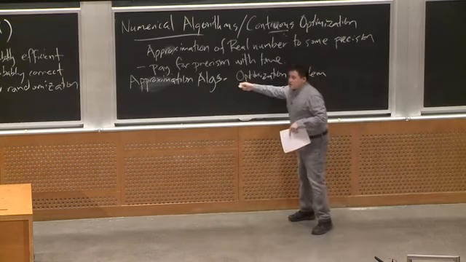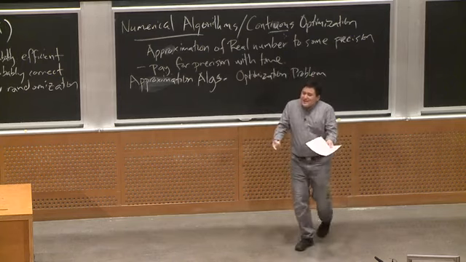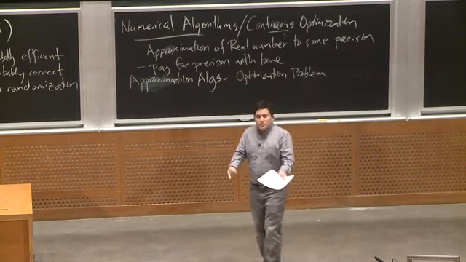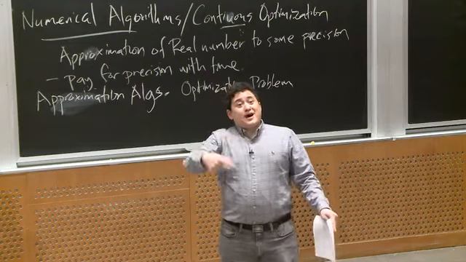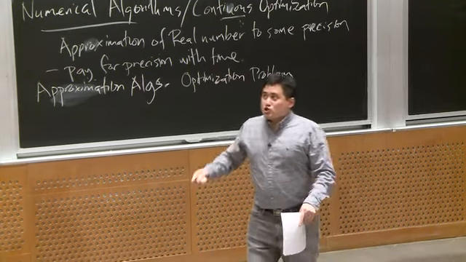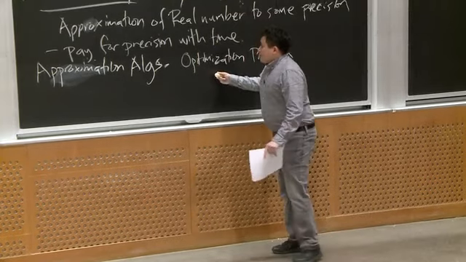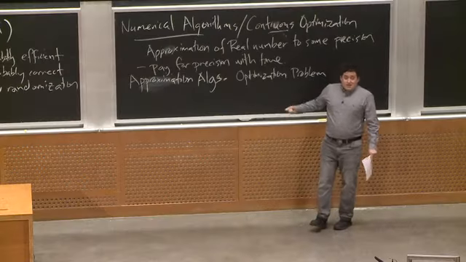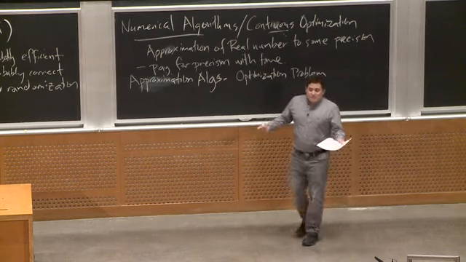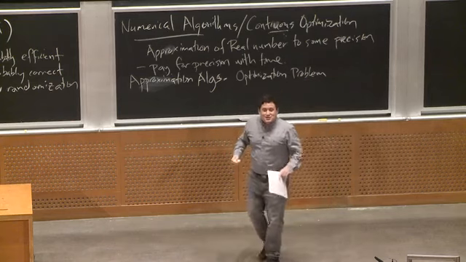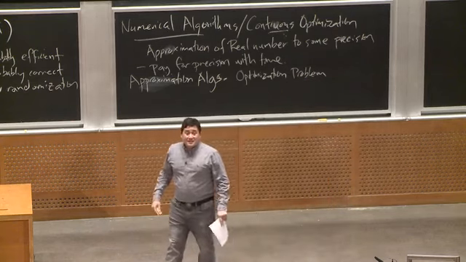Well, in an approximation algorithm, what I do is, okay, I get that it's computationally difficult for you to give me the longest simple path in this graph or the shortest possible route for my traveling salesman, but maybe that's okay. I mean, my engineering spidey sense tells me that within 10% is fine, right?